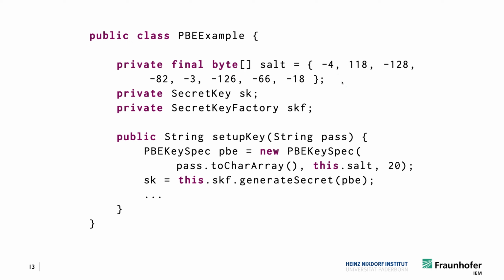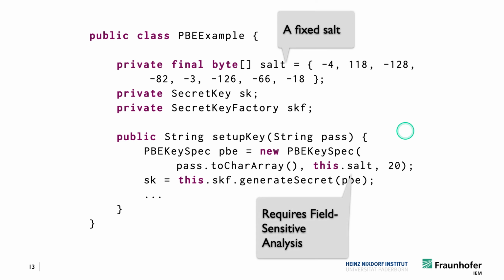It should be securely randomly generated, which this is clearly not. It might have been securely randomly generated at some point, but then it's fixed and it's put into the code, which also makes it appear in the bytecode, and that means any attacker can easily extract this. So the salt is rather worthless here. So the fixed salt is never a good idea, and in particular having it right in the source code is not a good idea at all.